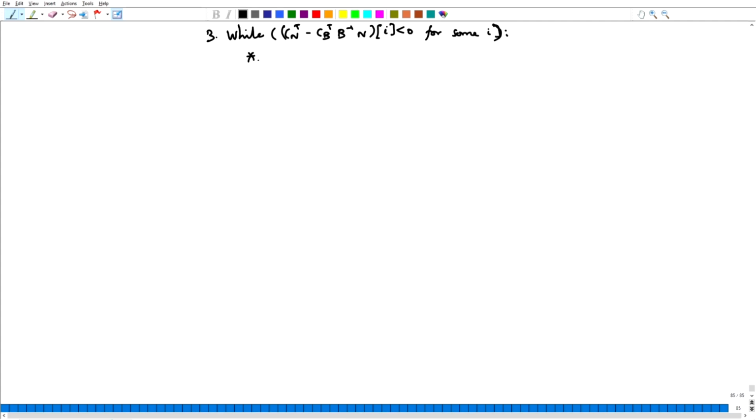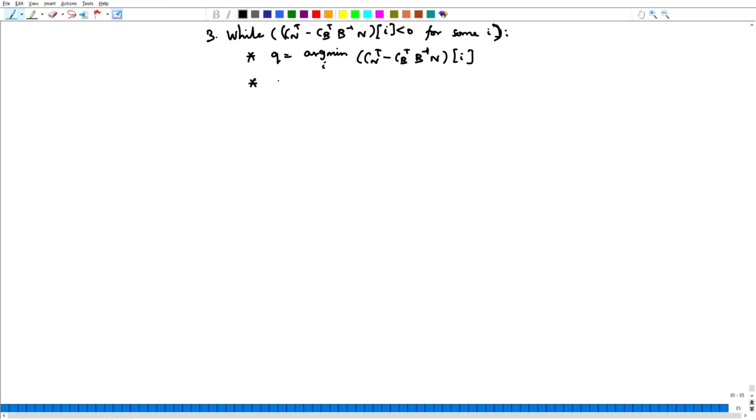So, how do you perform the exchange? You do the following. Let q equal to argmin over i of the i-th entry of c_N transpose minus c_B transpose B inverse N. Whichever the minimum element of this vector, that is what you call q.